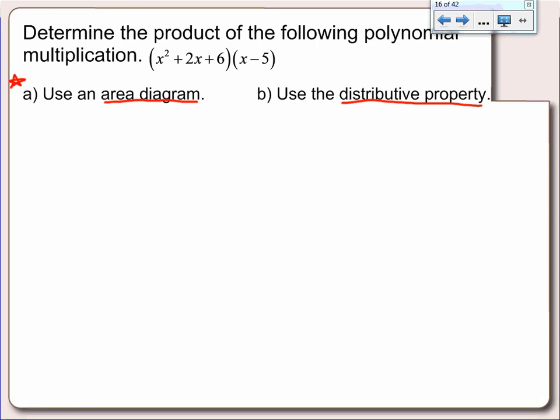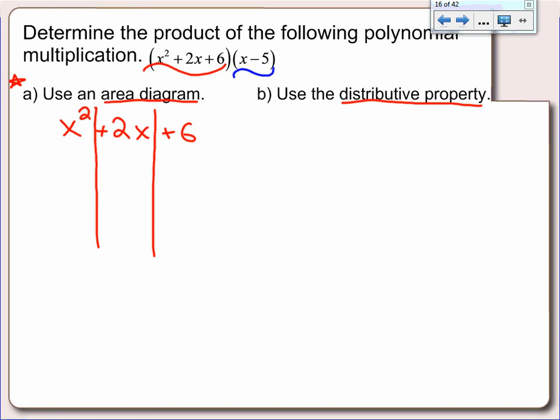So the area diagram is quite nice. What you do is you take the first polynomial that you see, and you write it out like so. And you start to make a grid. You then take the other one, the x minus 5, and you put it down the other side of the grid.